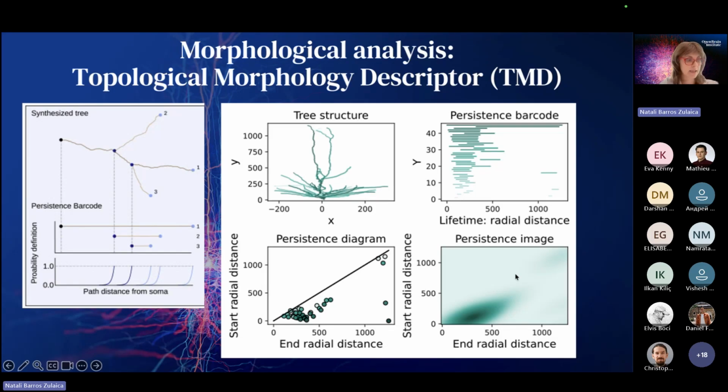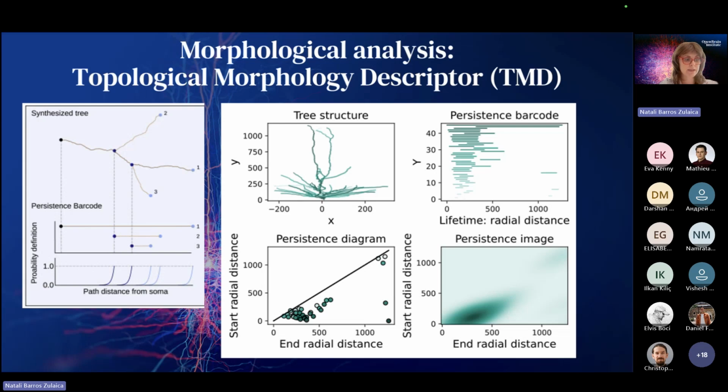And in the persistence image, each pixel's color intensity is determined by the density of the branches at that location. That results in an image summary of the topological complexity of the branching pattern.